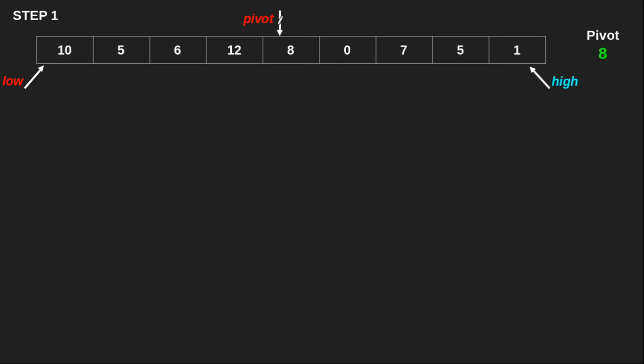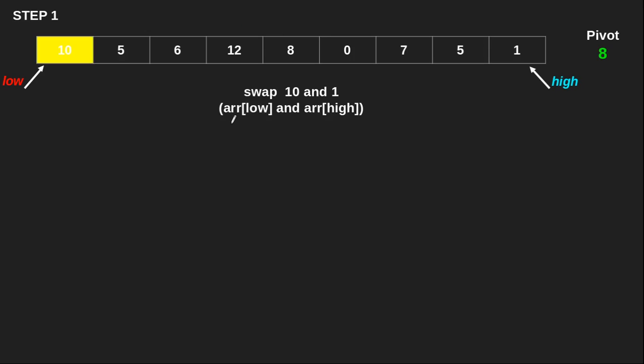Once we choose a pivot, the main idea behind the partitioning algorithm is that we take the lowest element, which lies at the low index, and we check it against the one at the high index.